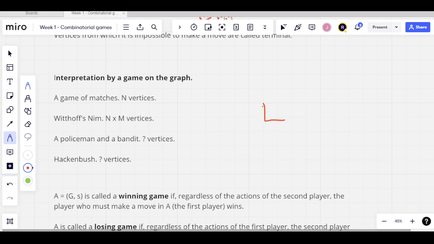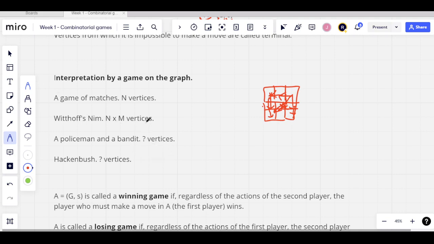We have this example of a game, and in this game we have edges like this. I think you understood.